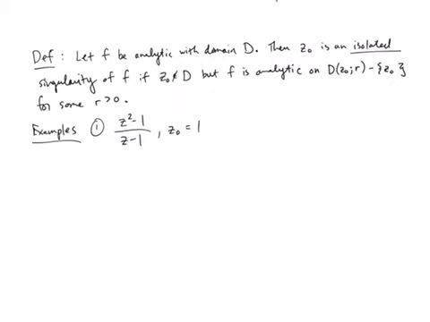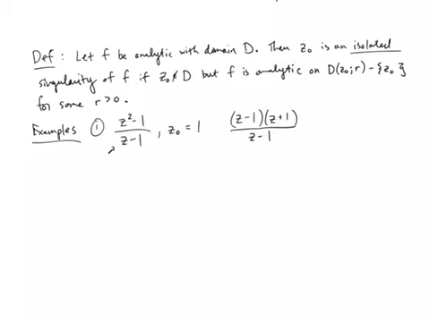You might recognize that this numerator is factorizable as z minus 1 times z plus 1, all over z minus 1. Technically, z0, which is the point 1, is not in the domain of this function, right?